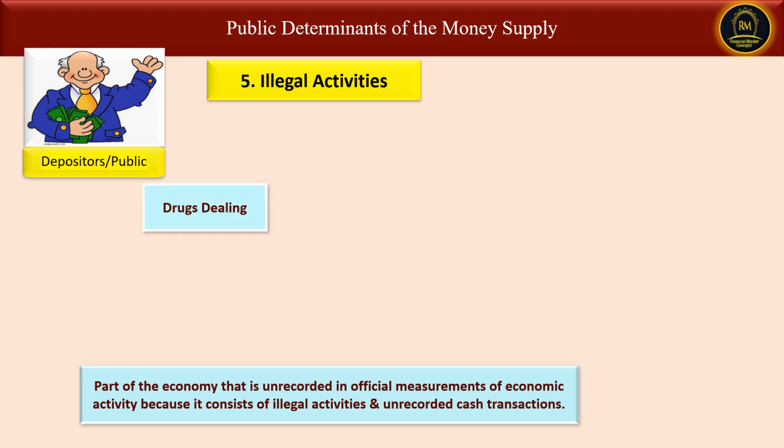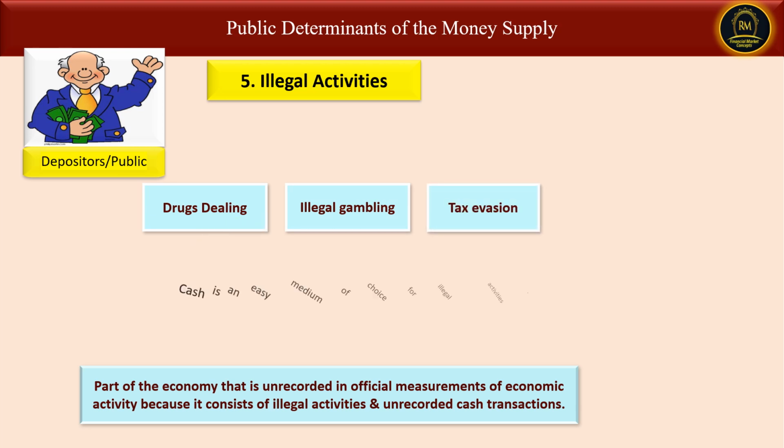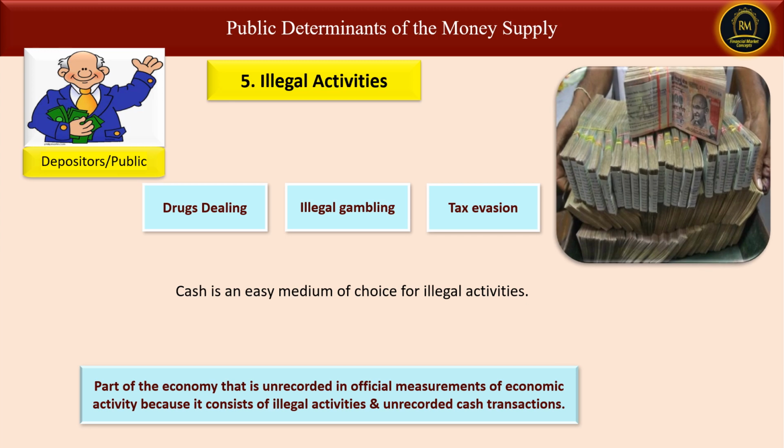It includes drug dealing, illegal gambling, tax evasion, etc. This leads to more cash transactions in the economy, as cash is an easy medium of choice for illegal activity and it is used to make unrecorded transactions.